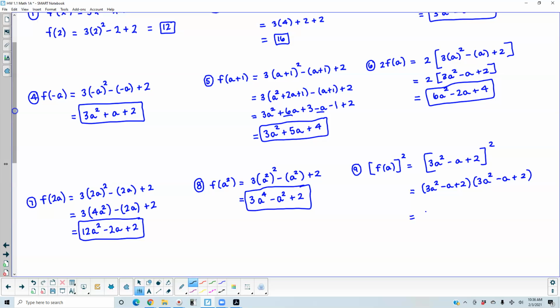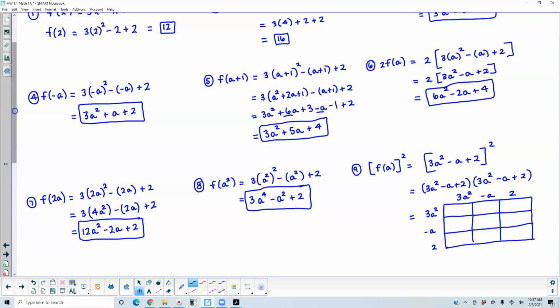Here we have 3 terms, so we have 3 rows, 3a squared minus a and then 2. And we have 3 columns, 3a squared minus a and then 2.